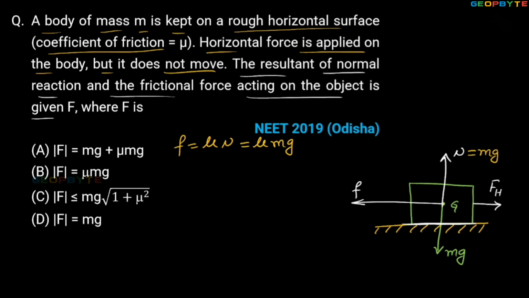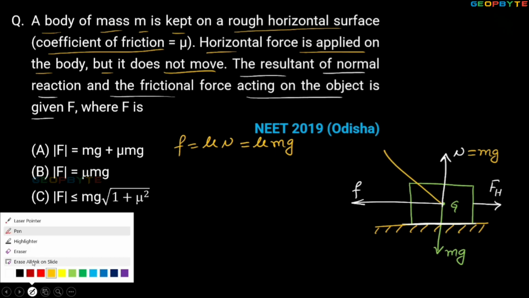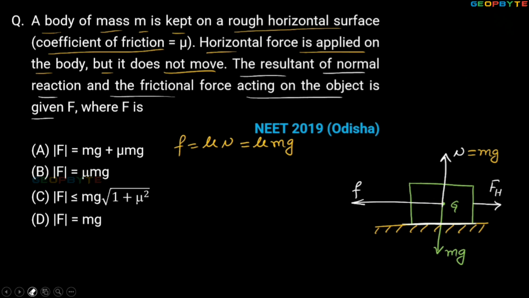Then the resultant force between the normal reaction and frictional force may be in this particular direction. Let me mark it clearly. This may be the resultant force R, and this is the frictional force.